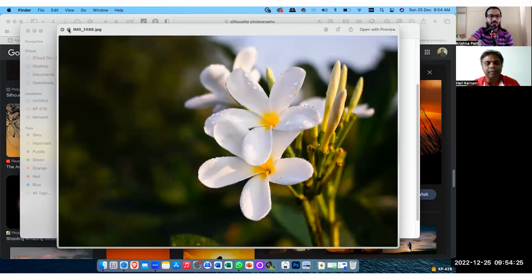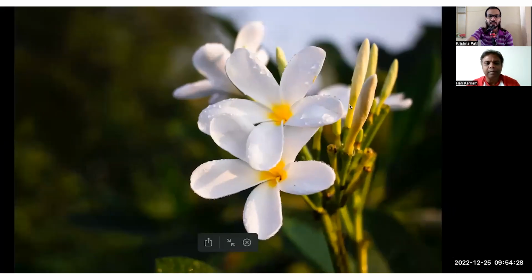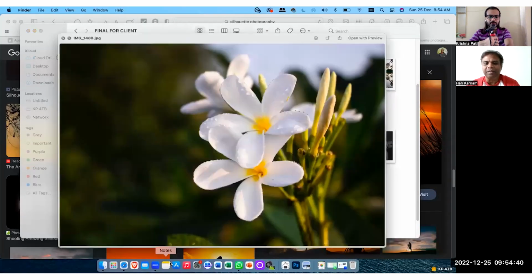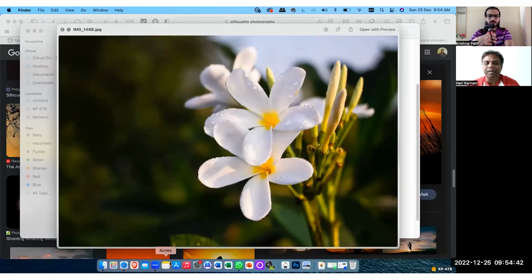Can you just guess what exactly happened over here? So it is to show a detail of the flower, which is a small object, with very small, very minute elements, the colors and the water drops and all that.